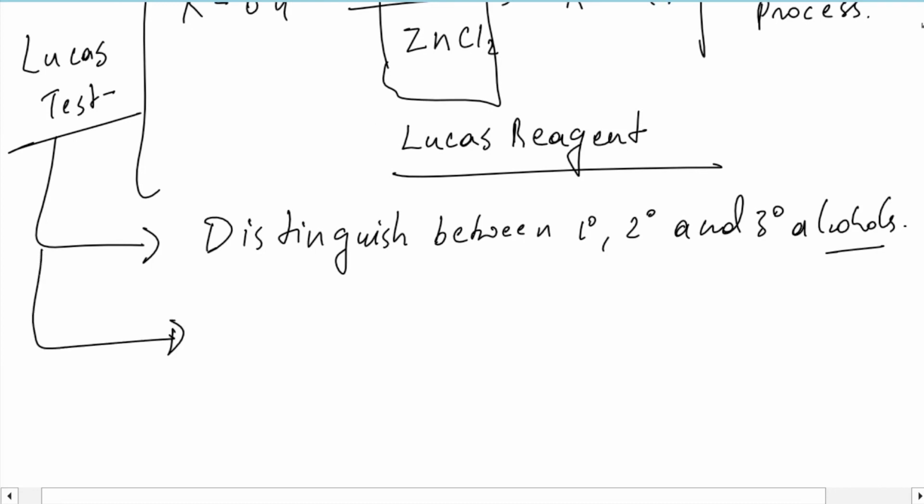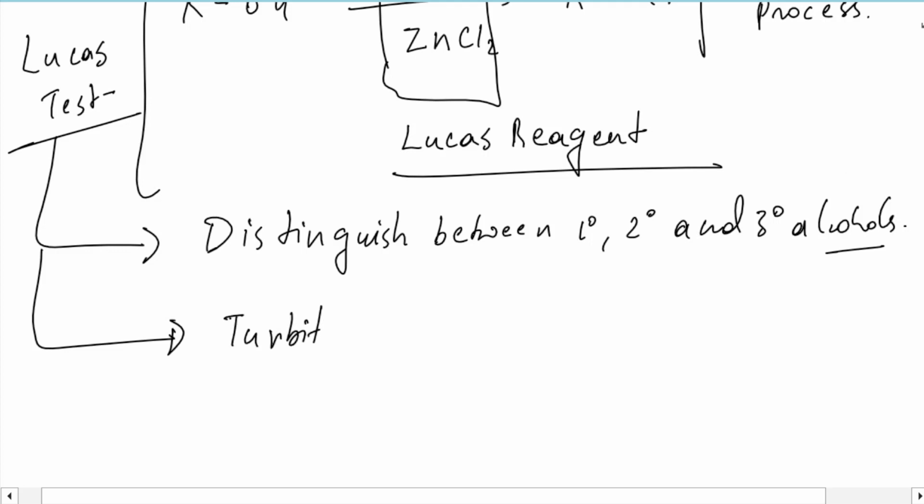Next to this is, it can distinguish between primary, secondary, and tertiary alcohol with the help of a phenomenon that is known as turbidity.